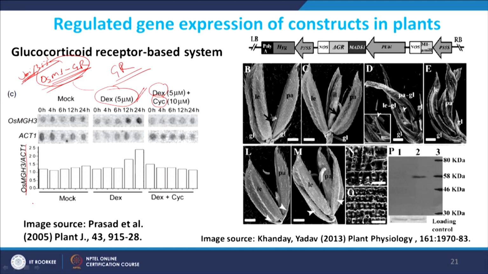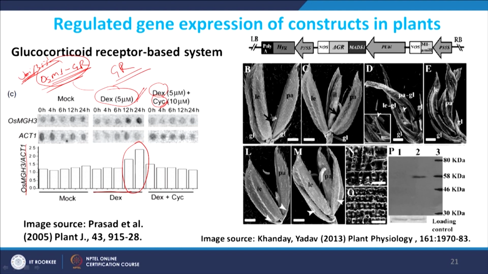When you treat with dexamethasone, you can see at a particular time point the expression level of OSMGH3 is going up, which means that MATS1 is sufficient to activate expression of OSMGH3. But when you treat with cycloheximide, basically a protein synthesis inhibitor, it will not allow new protein to be synthesized.